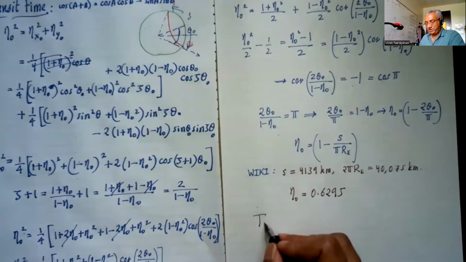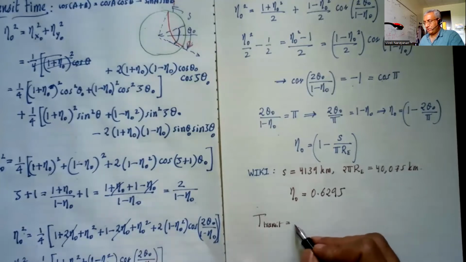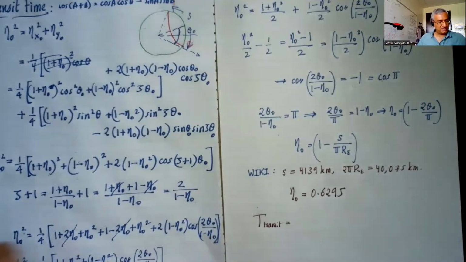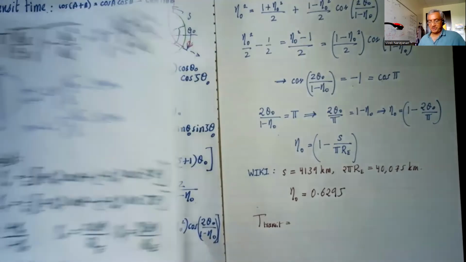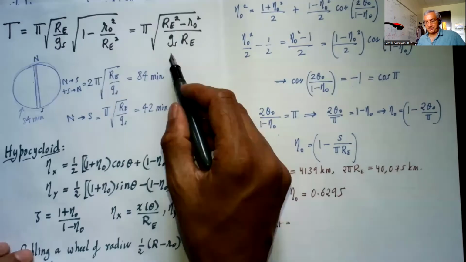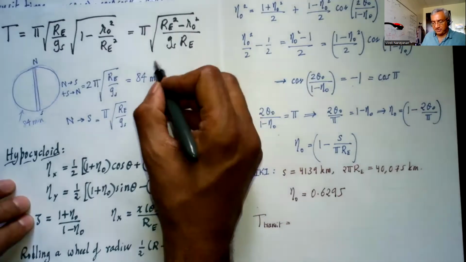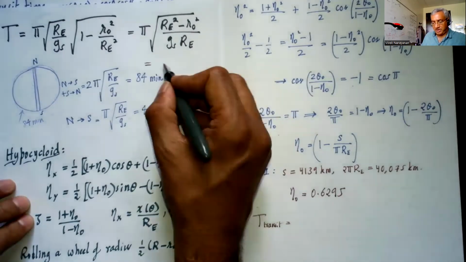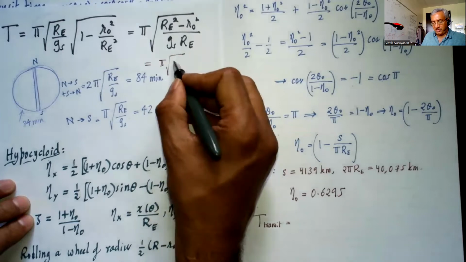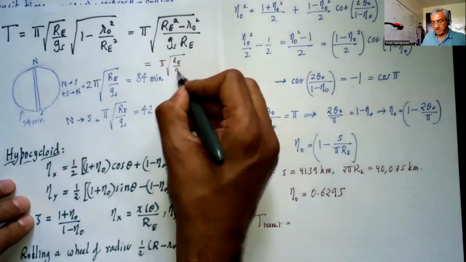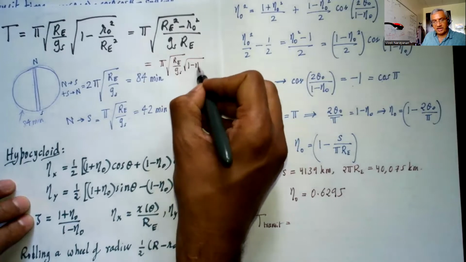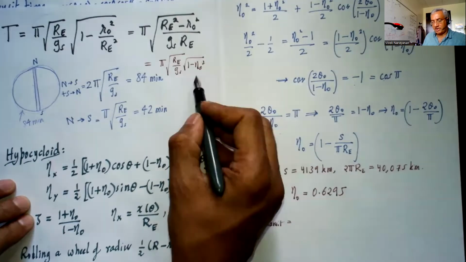So the transit time, t transit, which is going to be the square root, where was that thing there? It's given by that. Now this can be written as pi times the square root of r sub e over g sub s times square root of 1 minus eta naught squared. So I'm going to go back to the old way of writing it.